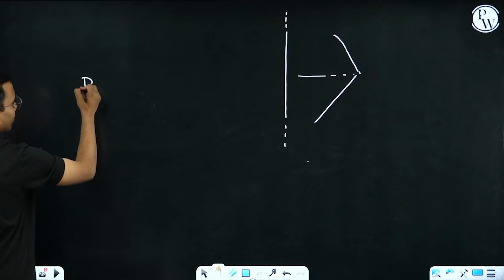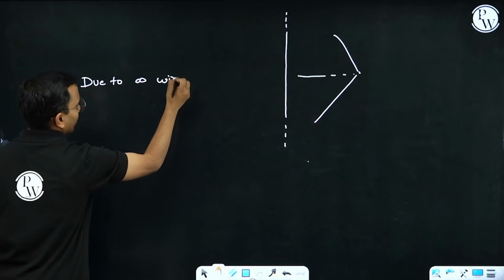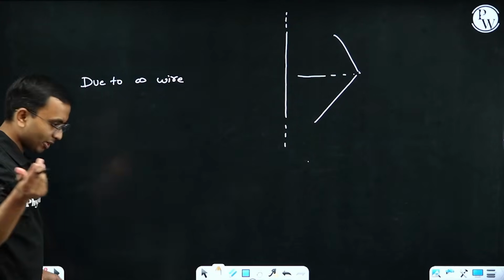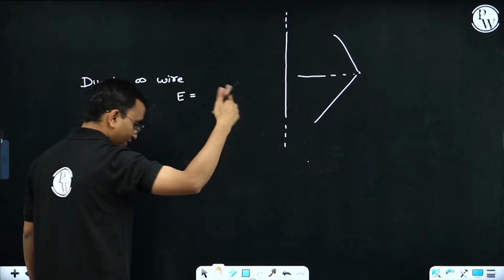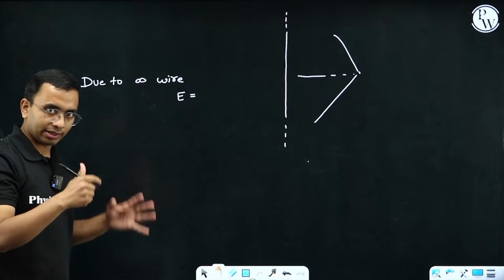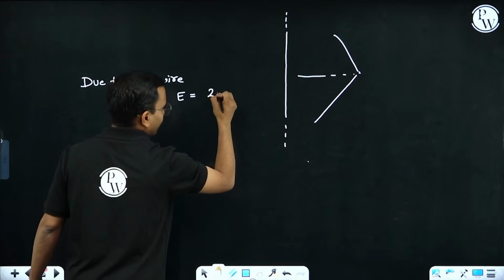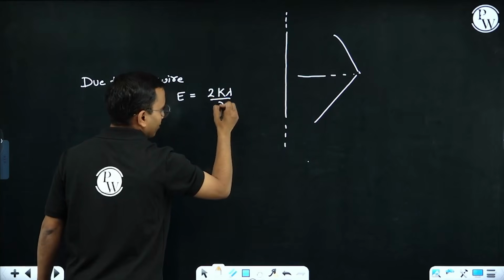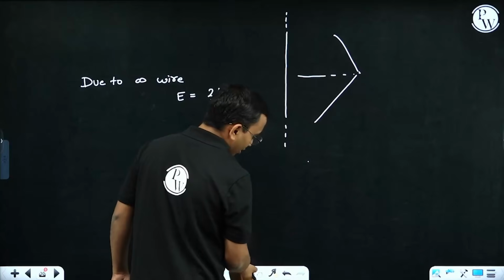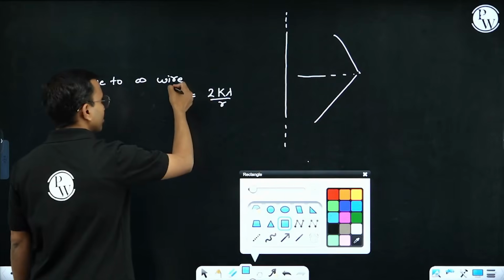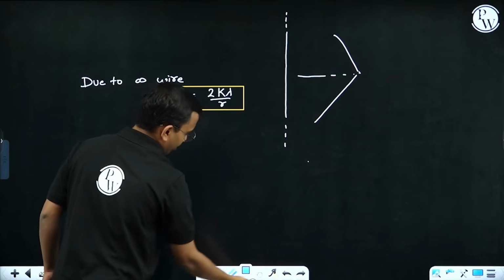So due to an infinite wire, only Ex will be there, Ey will become 0. Sin alpha is equal to sin beta, and both are 1, so that will become 2. So 2k lambda by r. This formula you must remember, and we'll come back to this formula when we discuss Gauss law.